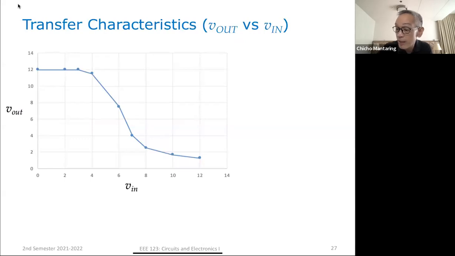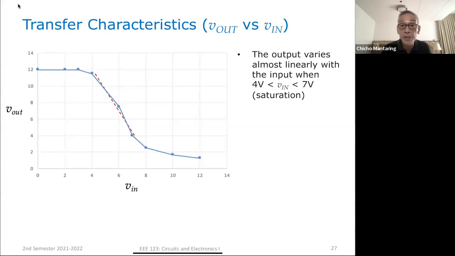It starts at 12 volts, cutoff. When my input is 3 volts, I start to see some conduction, and your transistor now enters saturation. So now this is saturation, saturation, saturation. And then when your input is 7 volts, that's when it starts now going to linear. So this is now linear, linear, linear.